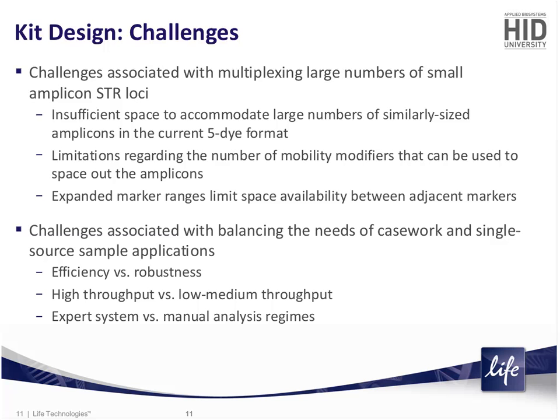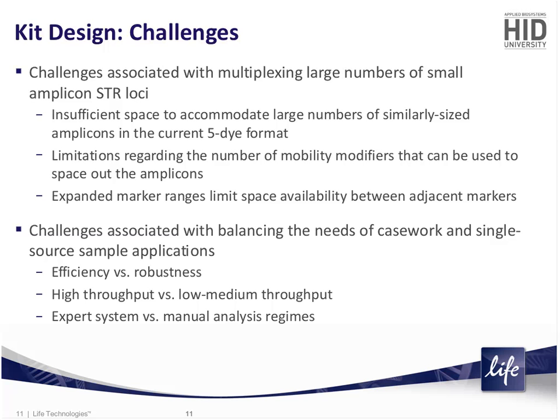source and casework. For single source samples, high throughput also tends to be a goal, whereas for casework, low to medium throughput is normally acceptable because the laboratories are fine with spending a little bit more time on those samples to ensure they get absolutely the right result. And for single source samples, expert systems are becoming increasingly common, again to reduce the amount of time spent at the data analysis stage, which can often be a bottleneck.